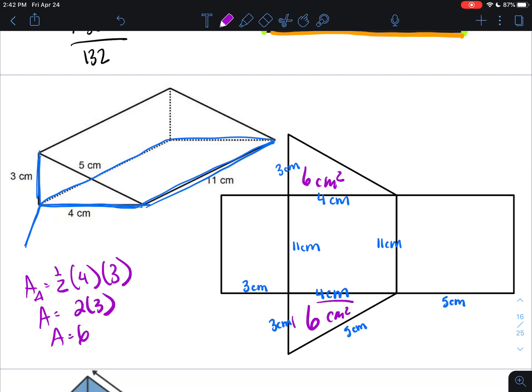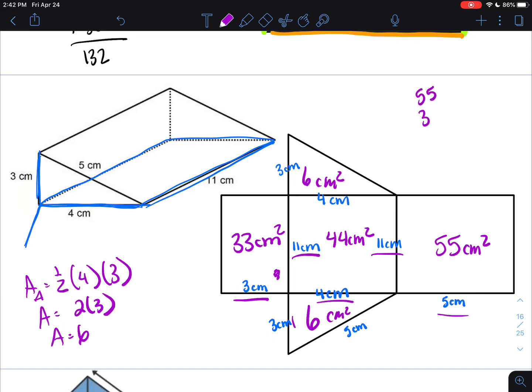The rectangle in the middle is going to be 4 times 11, 44 square centimeters. Rectangle right here is going to be 11 times 3, 33 square centimeters. And last but not least, 11 times 5, 55 square centimeters.